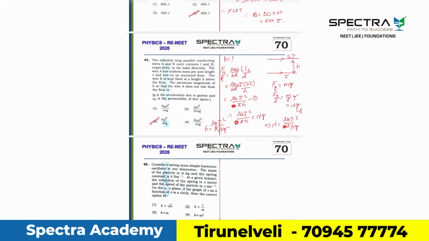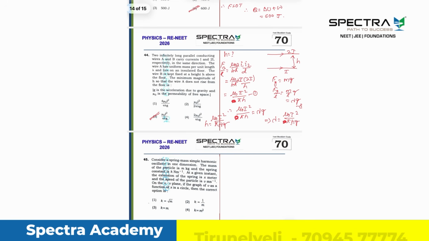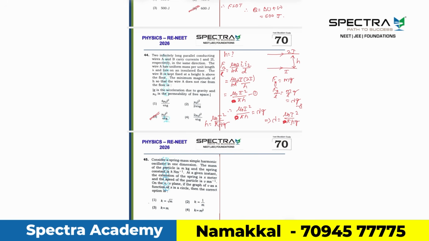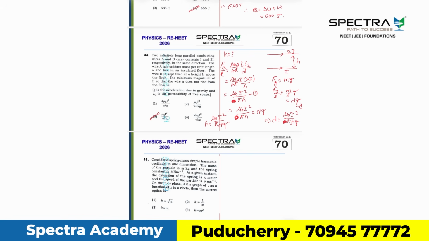So move on to the next question. What are they saying to us? Question number 45. Consider a spring mass simple harmonic oscillator in one dimension. The mass of the particle is m kg and the spring constant is k Newton per meter. At a given instant, the extension of the spring is x meter and the speed of the particle is v meter per second.